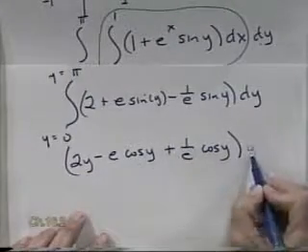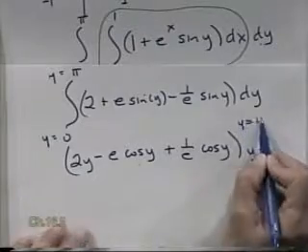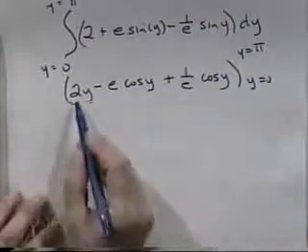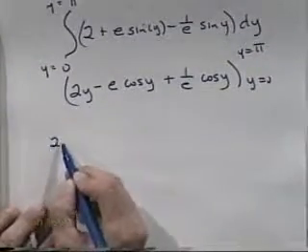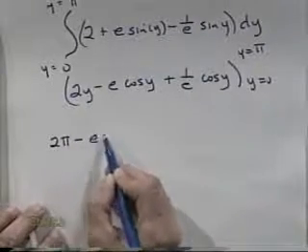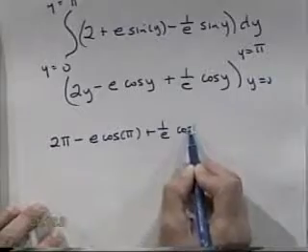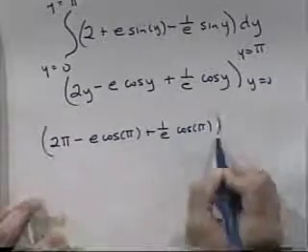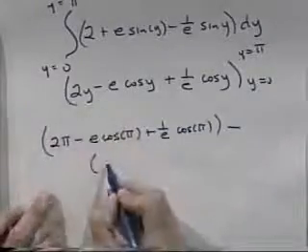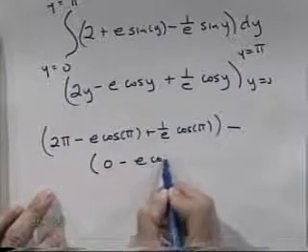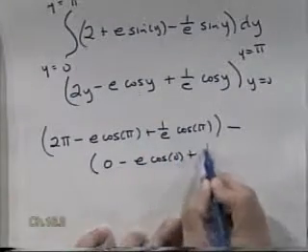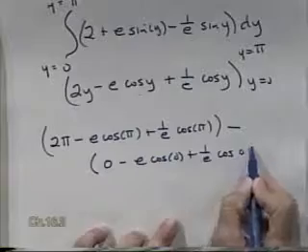And we're going from y equals 0 to y equals pi. So we have 2 times pi minus e cosine pi plus 1 over e cosine pi, minus 2 times 0 is 0, minus e cosine 0 plus 1 over e cosine 0.